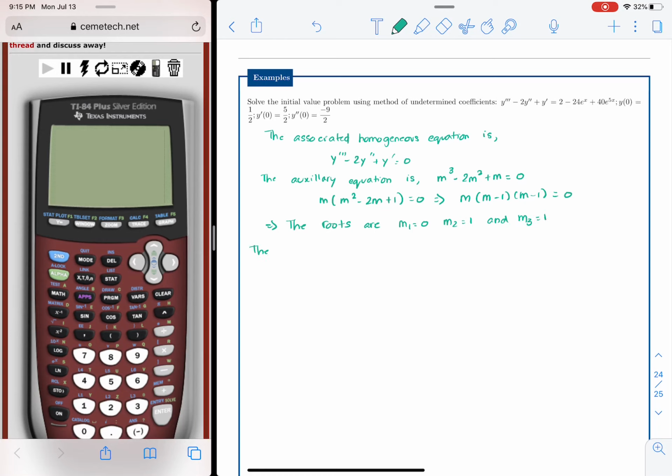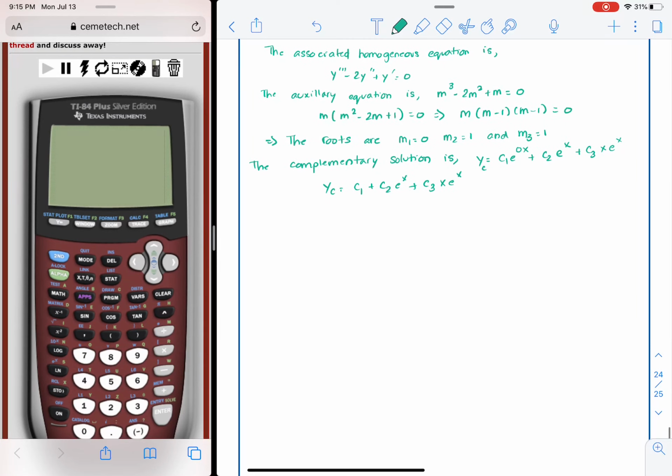So the complementary solution is y equals c1 e raised 0x plus c2 e raised x plus c3 x e raised x, which simply is c1 plus c2 e raised x plus c3 x e raised x.